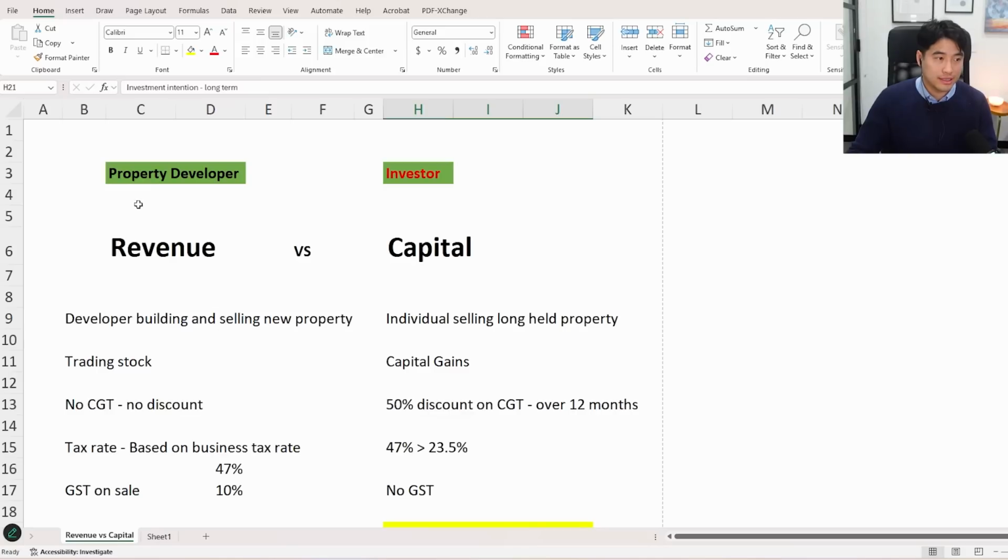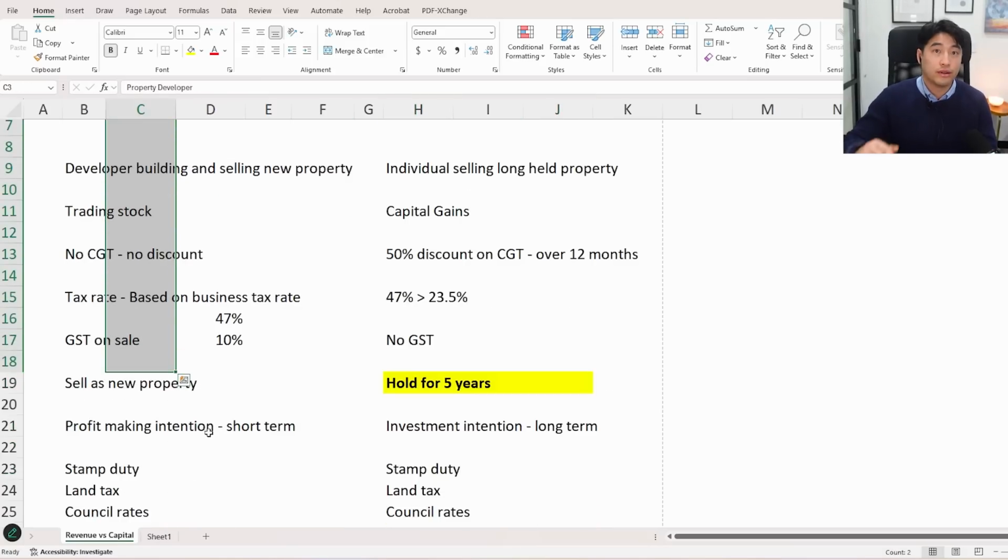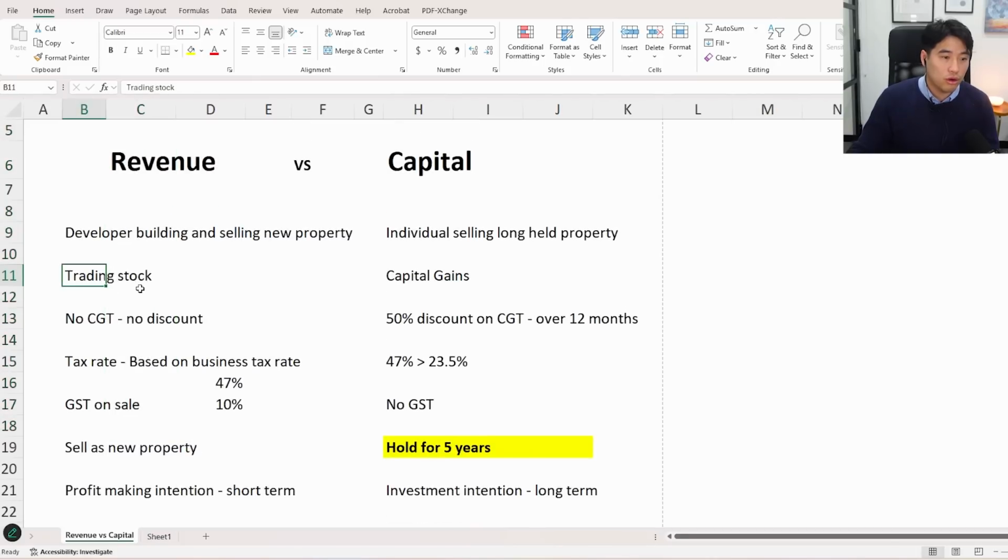But if you're classed as a property developer, you're straight away running a business. That's how the ATO sees it, because your holding costs, your construction costs, and your cost of the land, they consider it as trading stock. And so you're buying and selling properties for a living. That's how they see it. So therefore you're considered a business straight away, and your tax rate will be 25%.